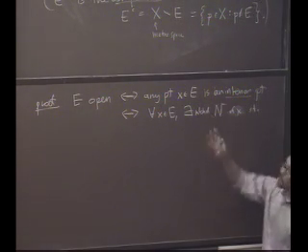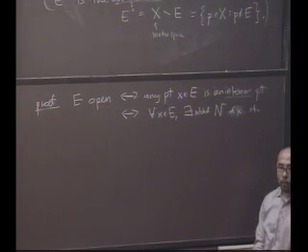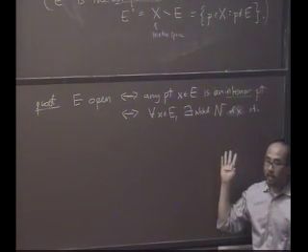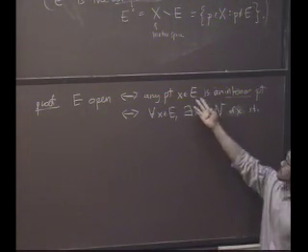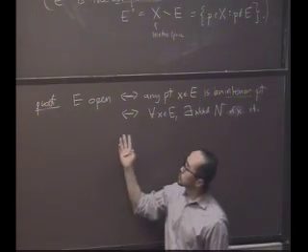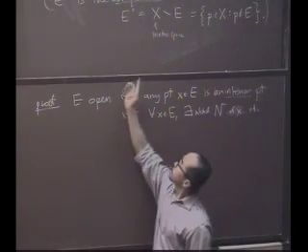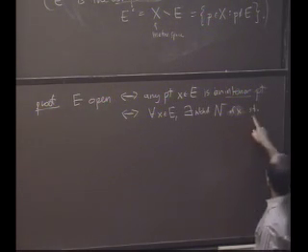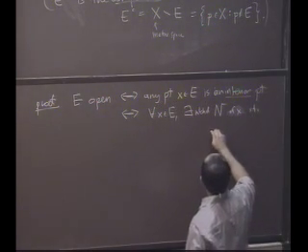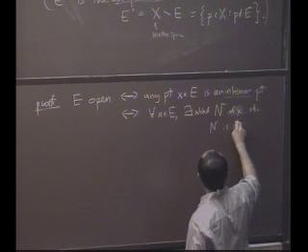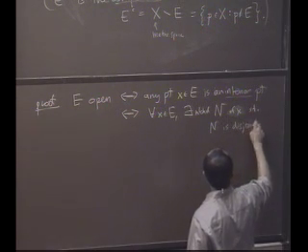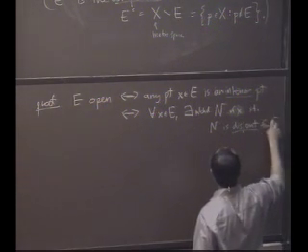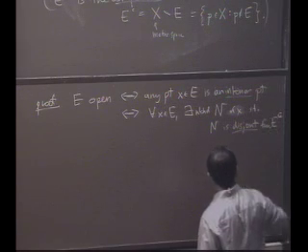It's contained entirely in E. Would you agree that's the same as saying N is disjoint from the complement? So there exists a neighborhood N of X such that N is disjoint from E complement. So I just turned this into a statement about E complement.